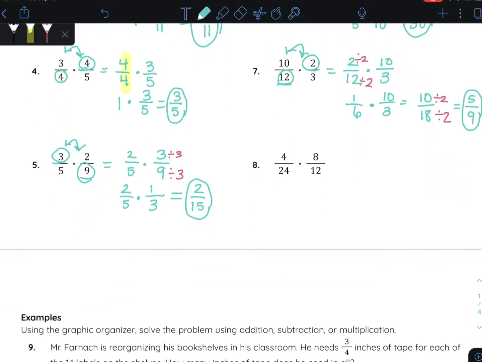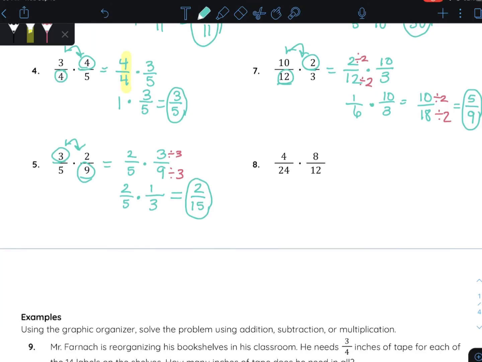Okay, last one. I am not interested in doing 24 times 12. I don't want to write that out. So I'm going to use my trick. And actually in this one, if you look, this could be simplified and so could this. They both share at least a factor of 2, but I think I actually see more than that.